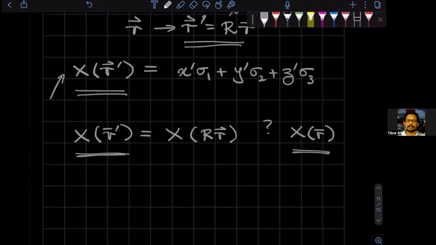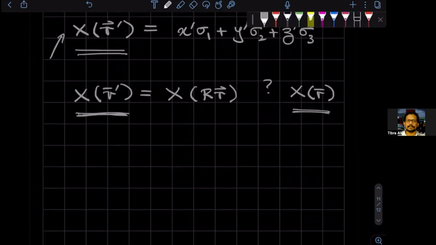I mean, this is obviously also a Hermitian matrix. So, because both X of R and X of R prime are Hermitian matrices, if they're going to be related somehow, then that relationship has to be in this form.